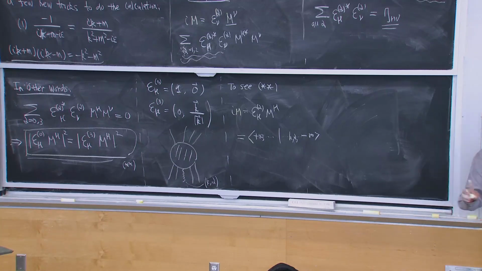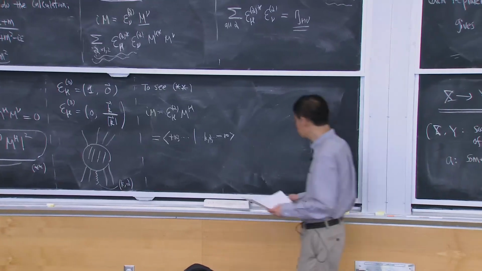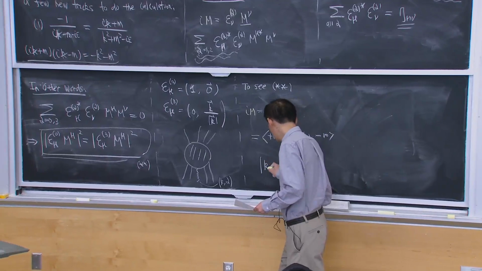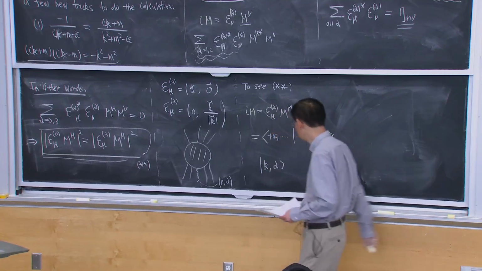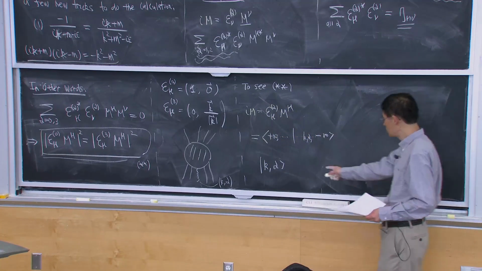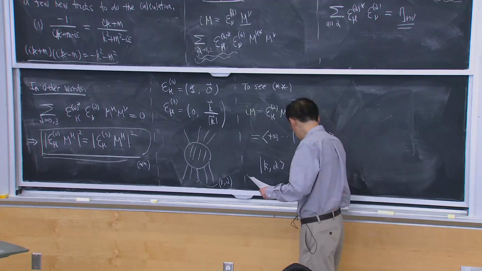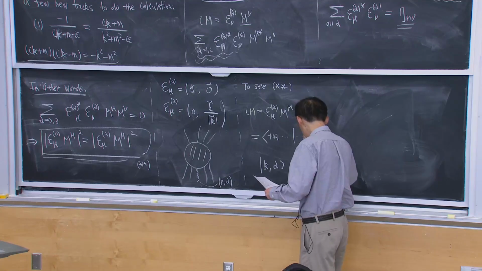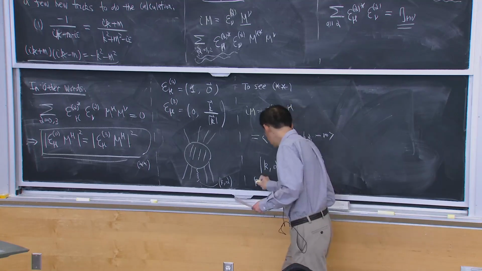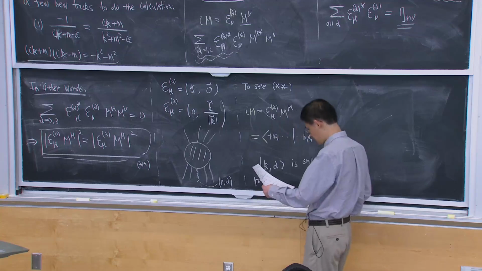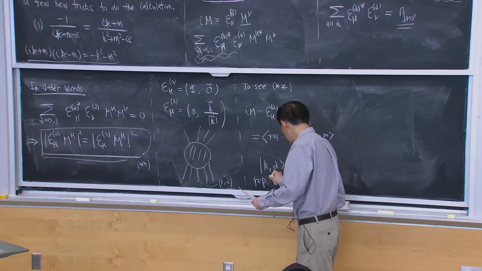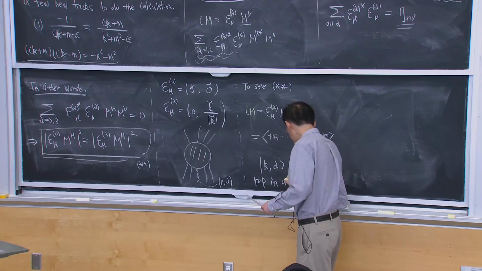But now remember, which we discussed in your homework, that the state for k alpha, defined by transverse polarization, is only a representative in the equivalence class of states.